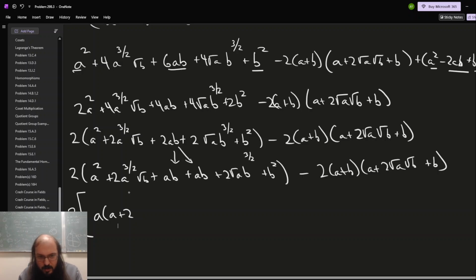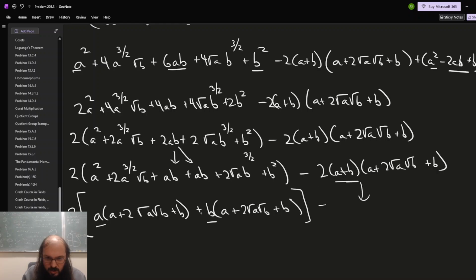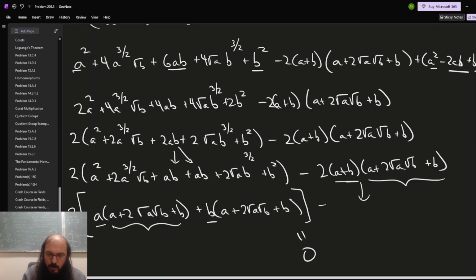And then what remains is 2 square root of a square root of b plus b. And now I'll grab a b out of this guy: a plus 2 square root of a square root of b plus b. All right, and I'm done. This is the same, right? I didn't change it, but you'll notice here I have a plus b, which is this, and I have this, which is this, so it equals 0.